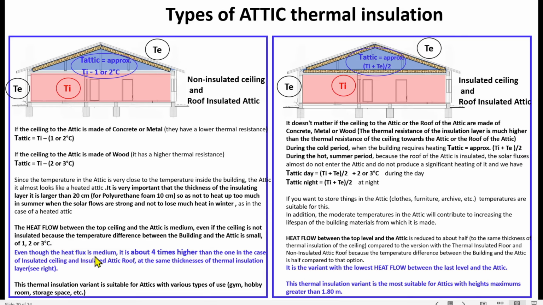Even though the heat flow is medium, it is about 4 times larger than the one in the case of insulating ceiling and insulating attic roof at the same thickness of thermal insulation layer. This thermal insulation variant is suitable for attics with various types of use: gym, hobbyist room, storage space, etc.